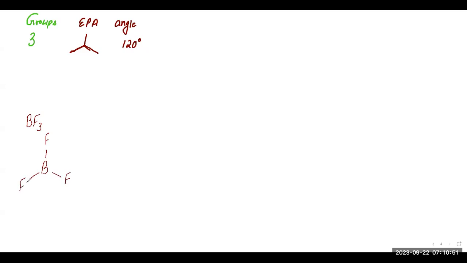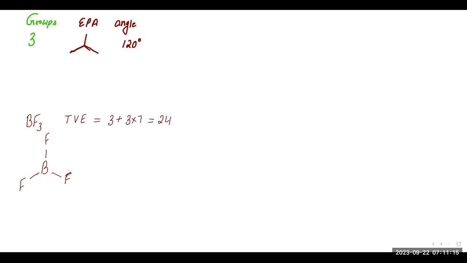We discussed this, right? Okay, now count the total valence electrons. Boron is 3. Fluorine is 3 times 7. You can see boron has used all its 3. 21 plus 3 is 24.